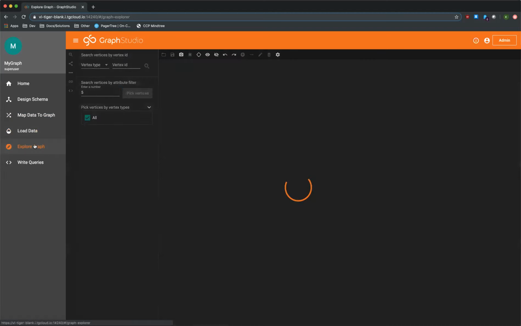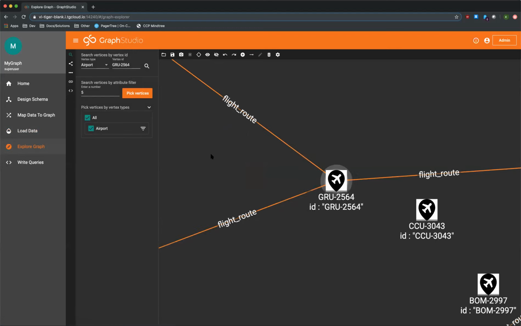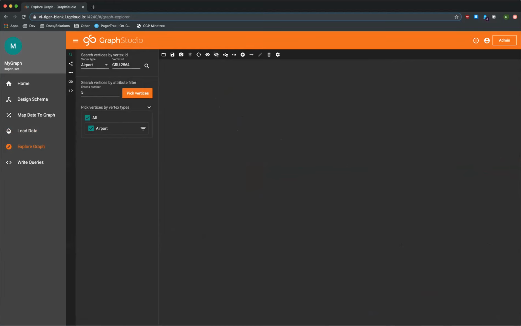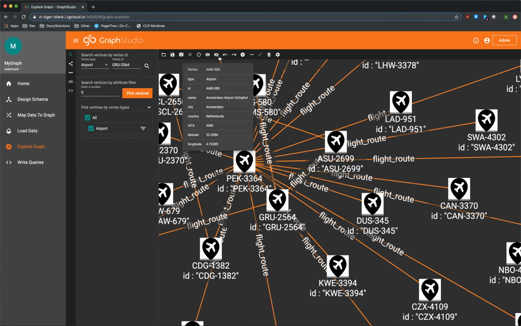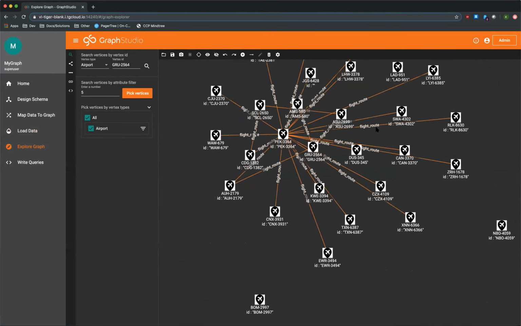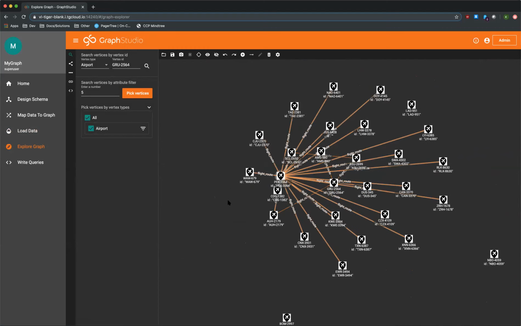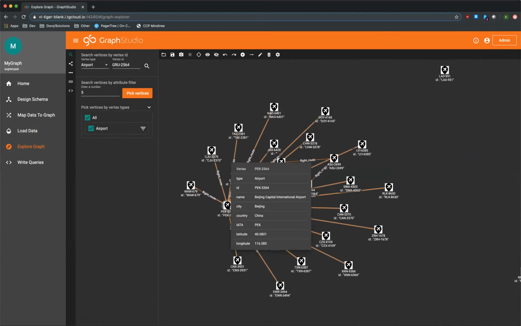Okay, so finally, Explore Graph. We're gonna do this fairly quickly. We've still got 13 minutes. So we've got some data displayed here already. We can call up some new data. So you see the identifiers on them. Again, the code, PEK in the center, Peking or Beijing Airport.